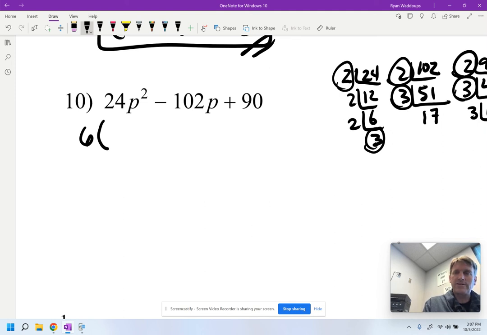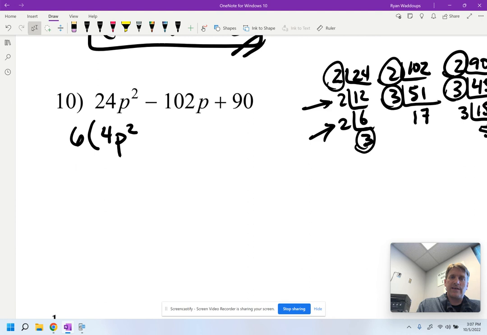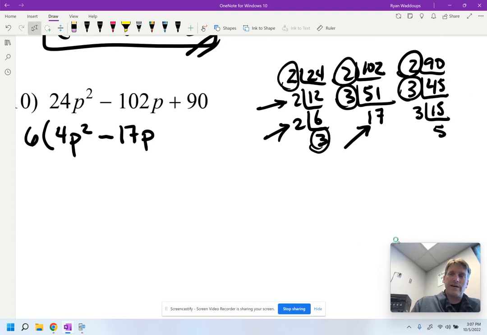And when I factor out a 6 out of 24, I'm left with 2 times 2, 4, p squared. When I factor out the 6 out of 102, I'm left with 17. So that'd be minus 17p. And when I factor the 6 out of 90, I'm left with 3 and a 5, or 15.